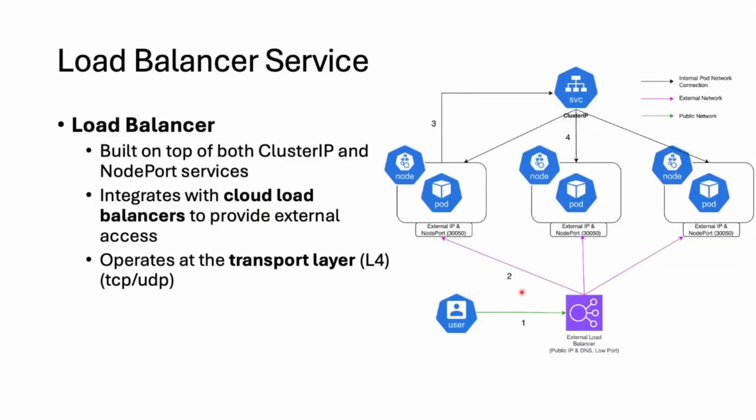So here you are seeing a LoadBalancer service, and we can clearly see that it is the same setup as the NodePort service, but we just have an external load balancer, which is the cloud load balancer. And that is why I'm using the AWS load balancer icon here, but it could be Azure, GCP, Linode, or any other cloud provider. And the user is sending requests via the external load balancer.